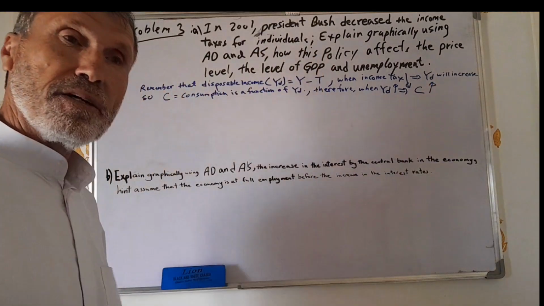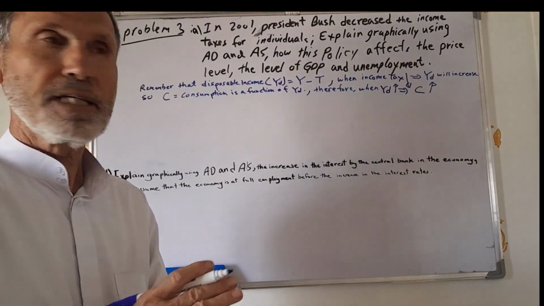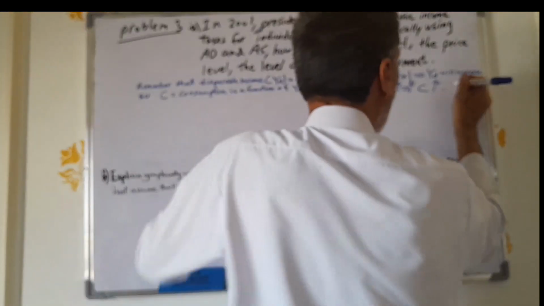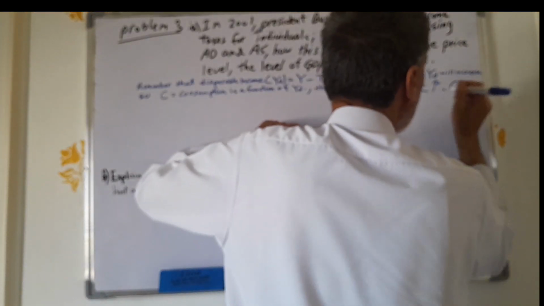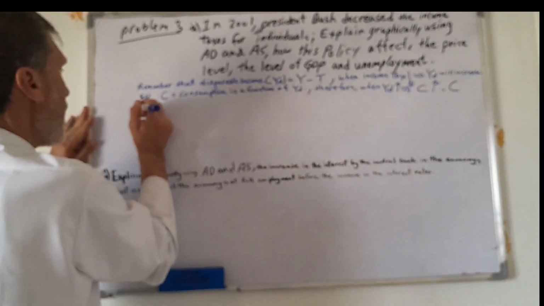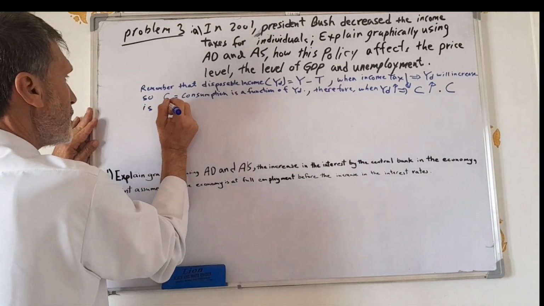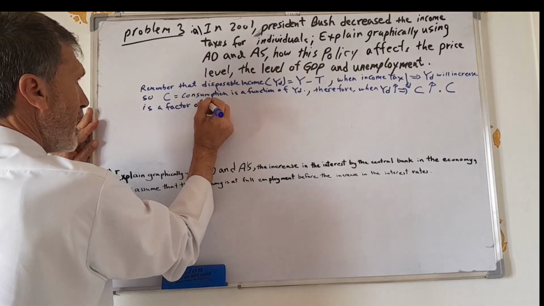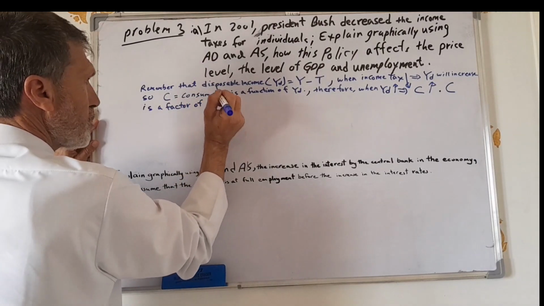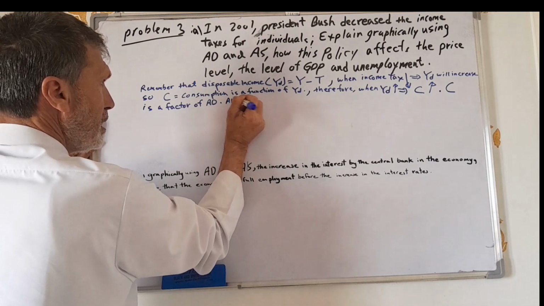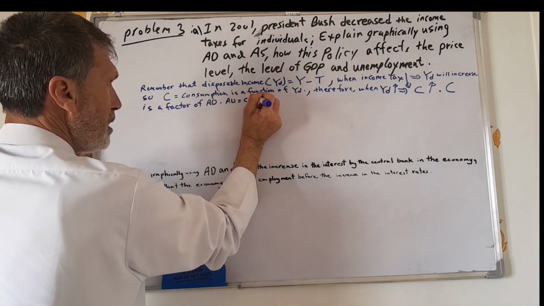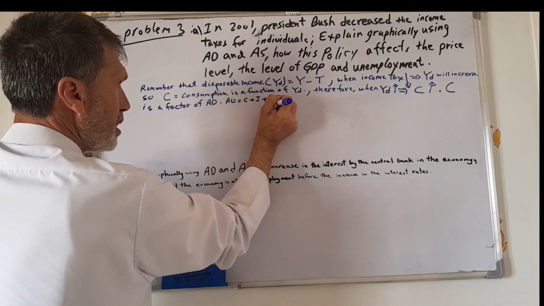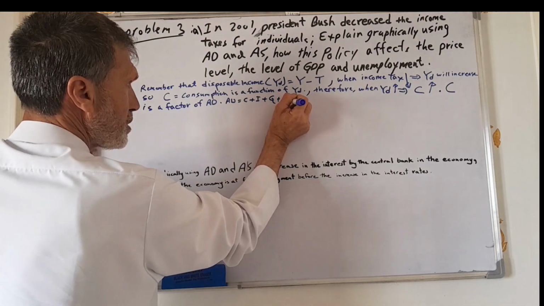But C is a factor of aggregate demand, because aggregate demand is equal to C plus I plus G plus net export.